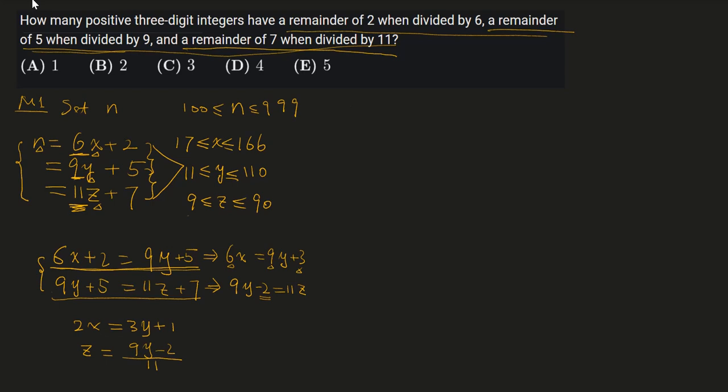So let's continue to explain why I choose to write it this way. Why do I choose to solve z in terms of y, not vice versa? The reason is I want to divide both sides by a large number, as large as possible. And at the same time, I want to keep both sides an integer, right?